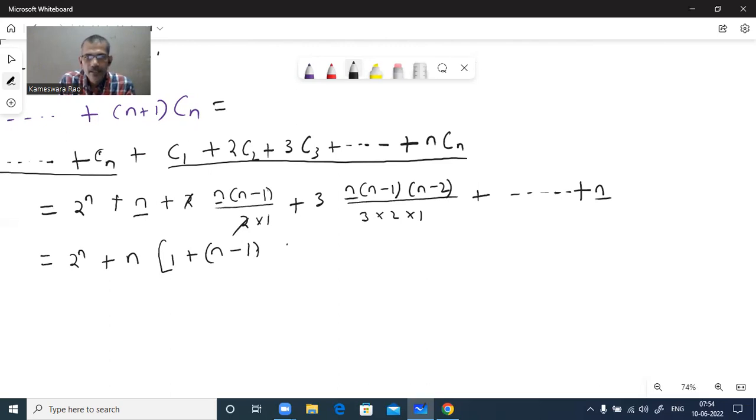Next, here 3 got cancelled, so n minus 1 times n minus 2 whole divided by 2 into 1. So they are also binomial coefficients starting from n minus 1.